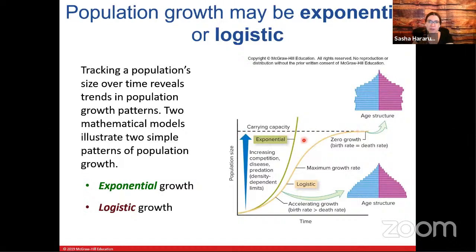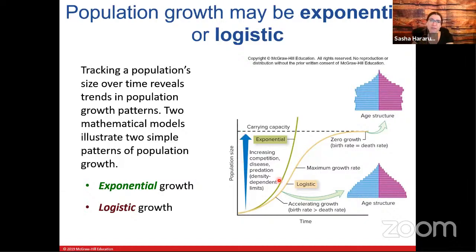So this level at which the population doesn't grow anymore, the level at which population remains stable, is called carrying capacity. Okay, and this carrying capacity is the population size that the environment is able to sustainably maintain.